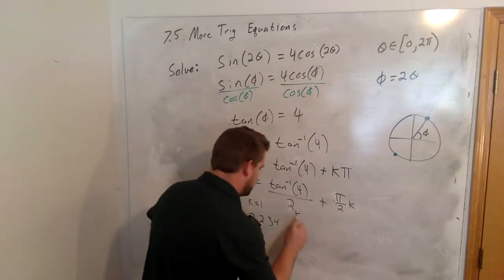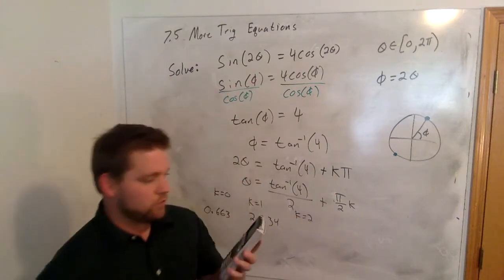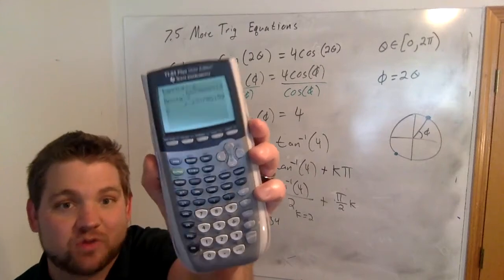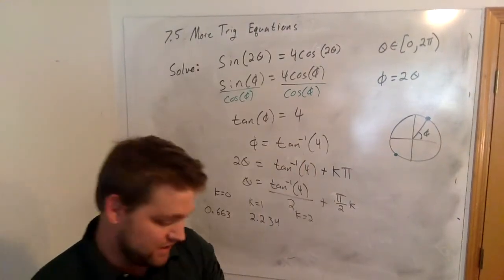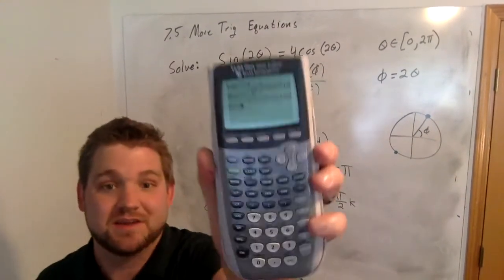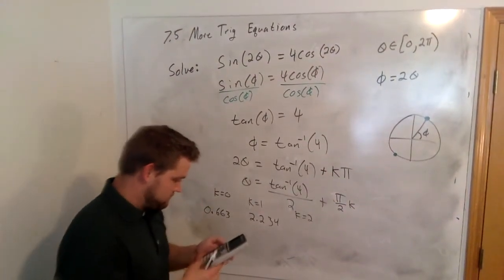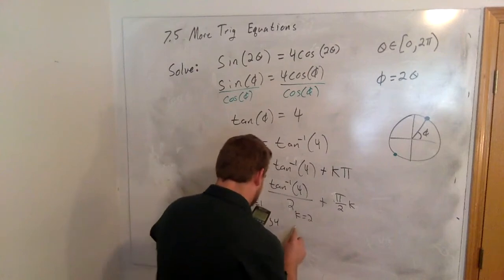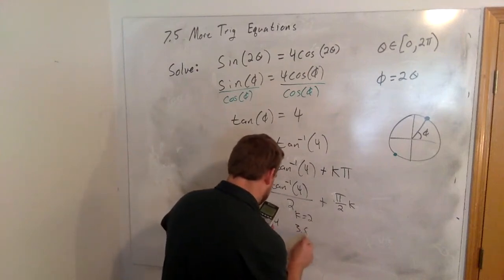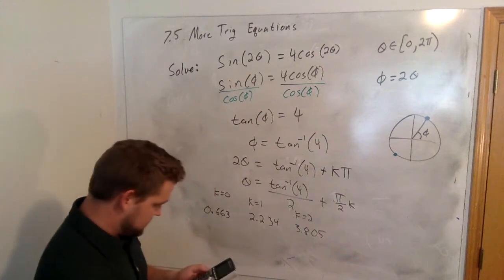Okay, if k is 2, so we already added pi over 2 once, so I'm just going to take our answer, hit second answer, so it's taking the previous answer, and I'm just going to add another pi over 2. So we're going to get 3.805, and we're just going to keep doing it.